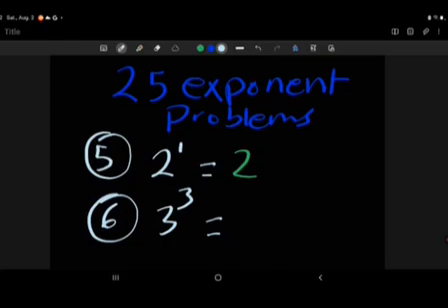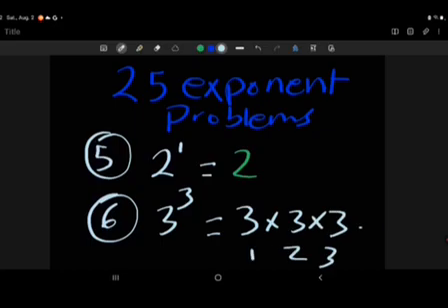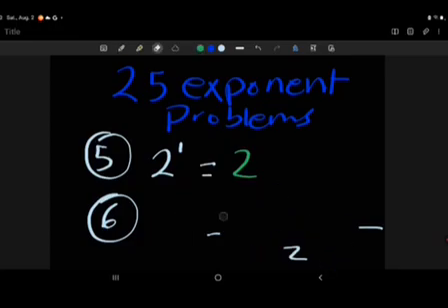Okay, of course, by the law of exponents, we have 3 times 3 times 3, which is 1, 2, 3 times, and then 3 times 3 is 9, 9 times 3 is 27, so our answer here is going to be, I'm going to erase the question because I don't have room, but the answer is 3 cubed equals 27.